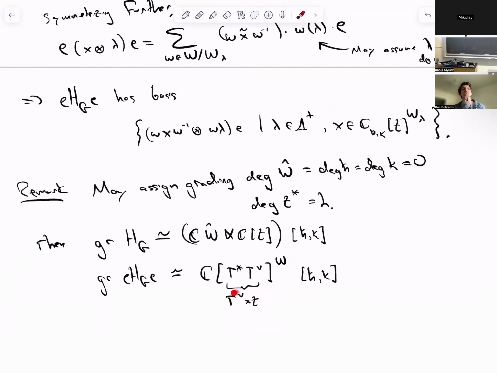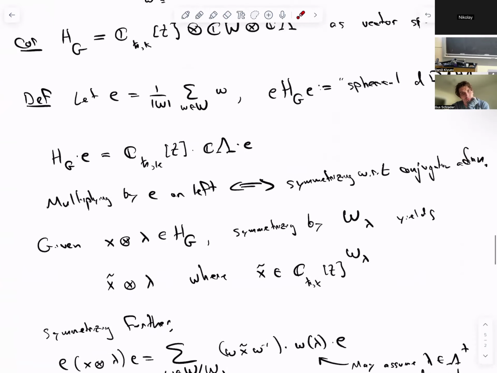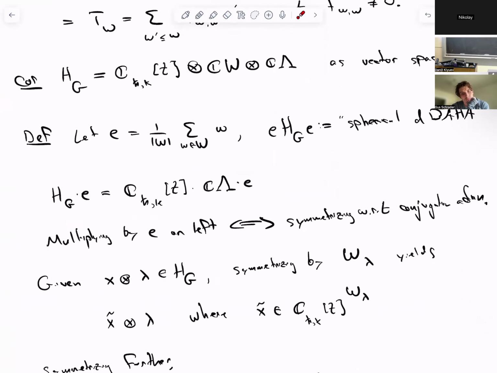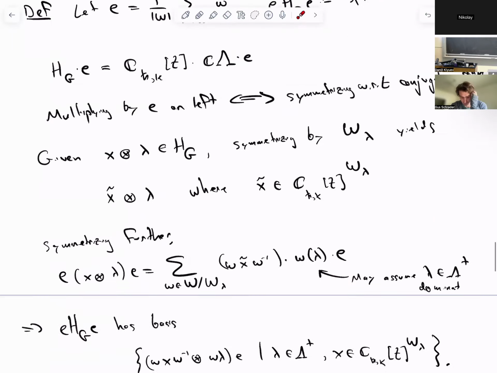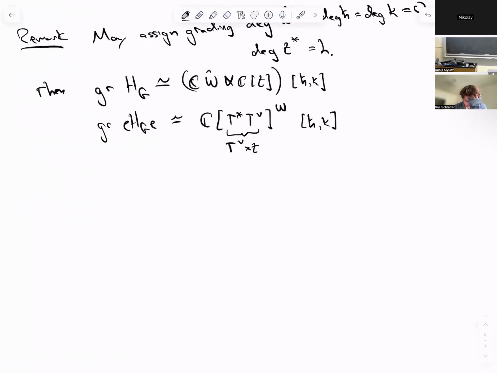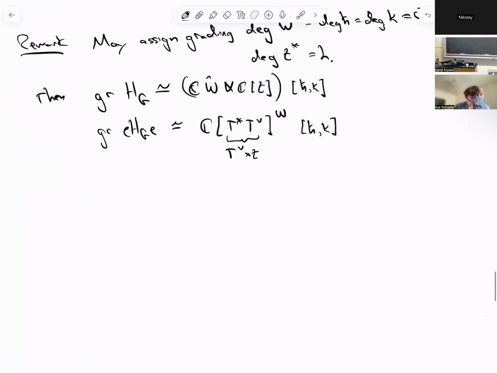So this is T star times the Lie algebra of T. That's because the extended affine Weyl group can be written as finite Weyl group times co-characters, and the co-characters are just the polynomials in T star. And again, the reason why you pick up the W invariance is because you symmetrize. Multiplying by E on both sides just means you symmetrize. You pass through the symmetric invariants. Okay, so that concludes the purely algebraic part.